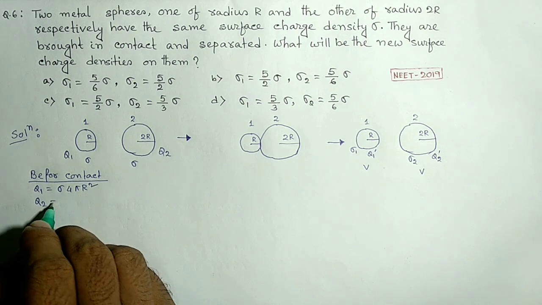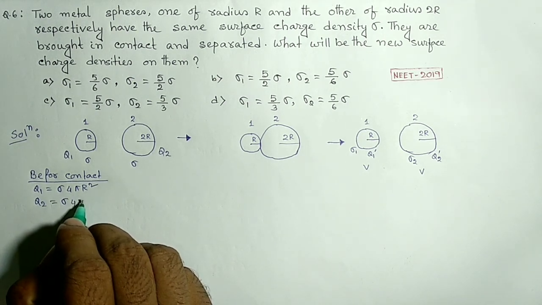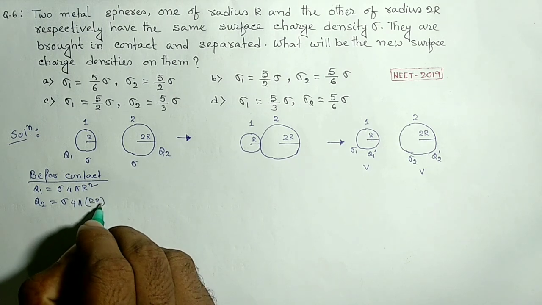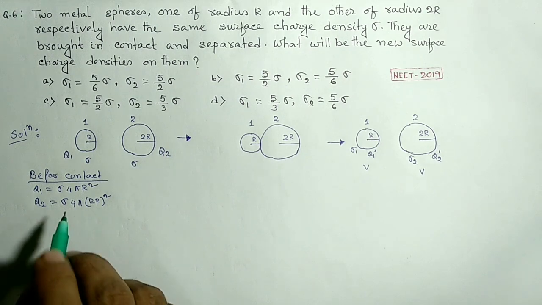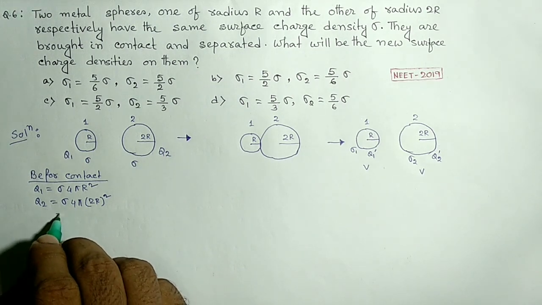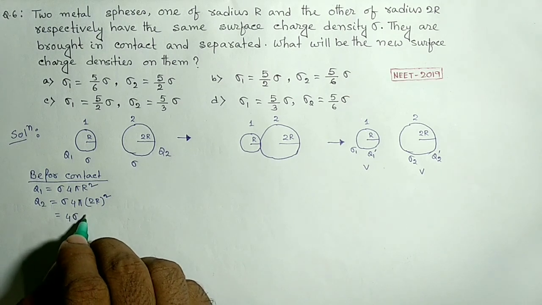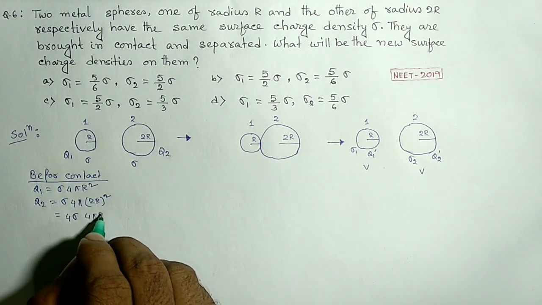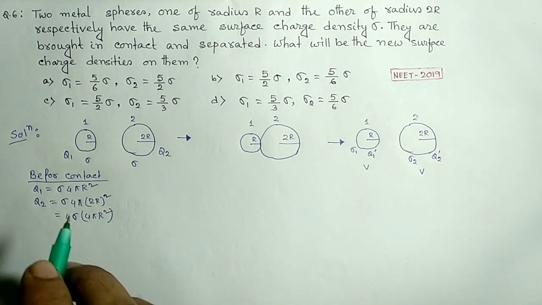Q2 equals sigma into 4 pi 2r square, as its radius is 2r. Now it equals 4 sigma into 4 pi r square. We write it this way.